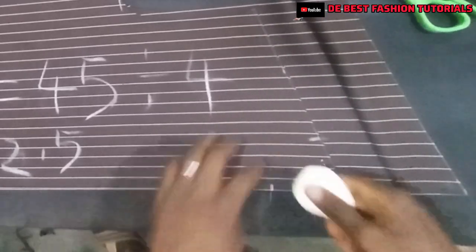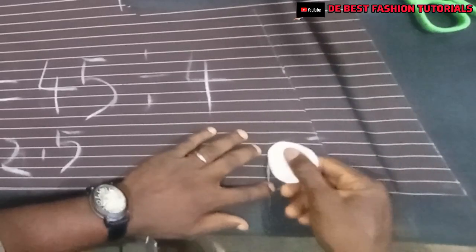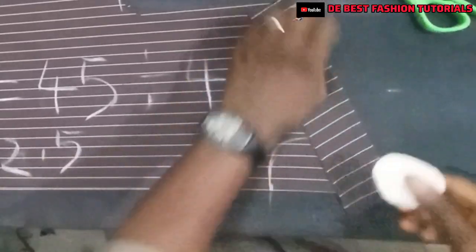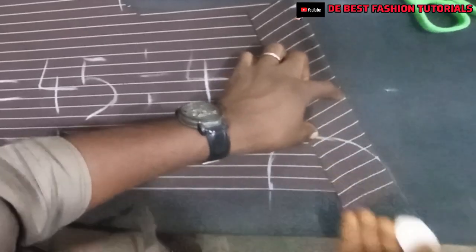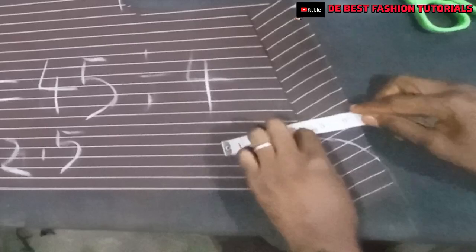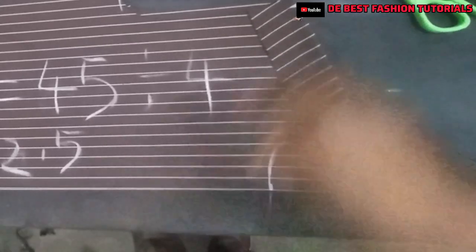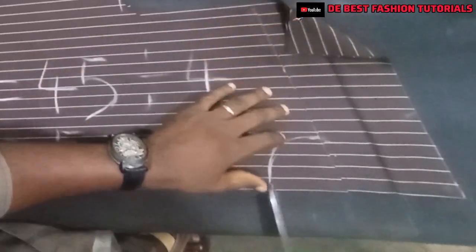So right here, we'll mark out our neck. The neck measurement depends on what neck you are working with. Are you getting me? But majorly, by the side, you take out 2.5 inches. That is from the front towards the shoulder.